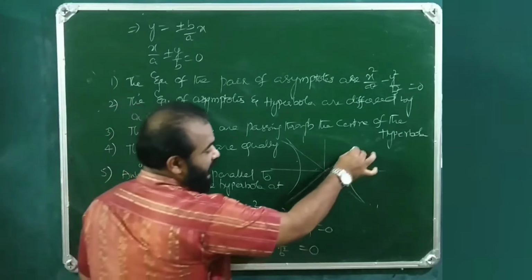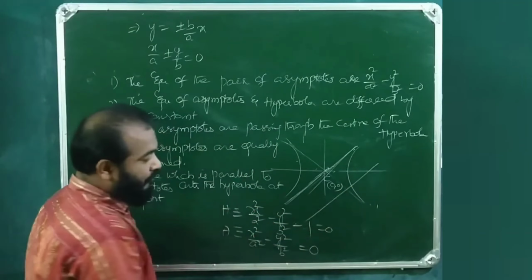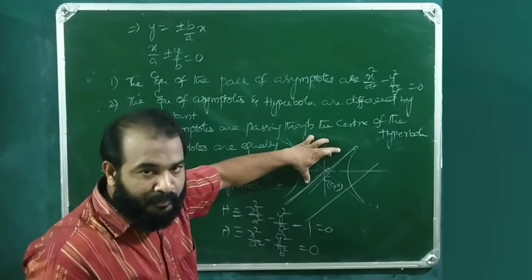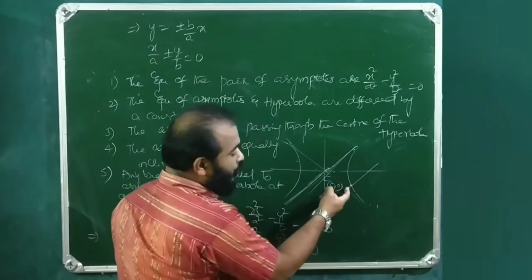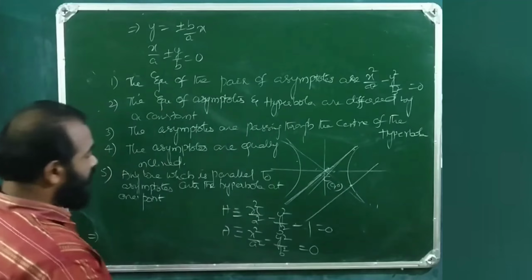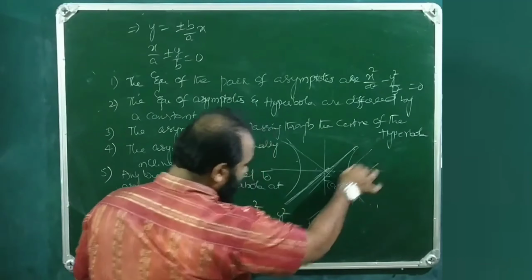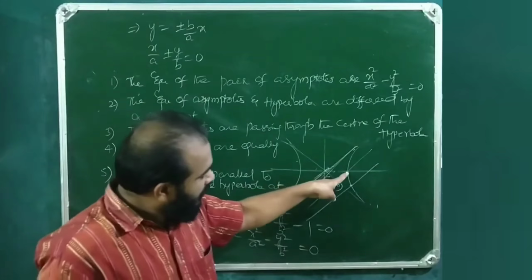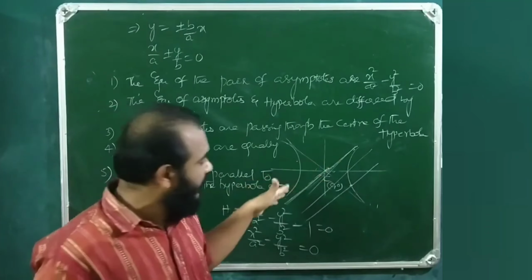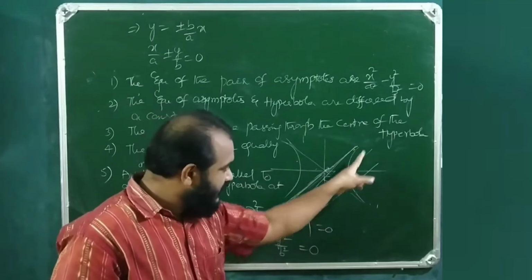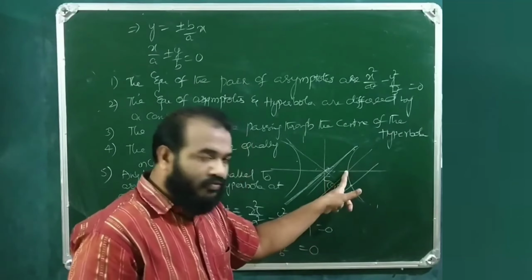That means, if this is the asymptote, a line parallel to this asymptote cuts the hyperbola at a unique point. Any such line, parallel to the asymptote, which is a straight line, cuts the hyperbola at one point.